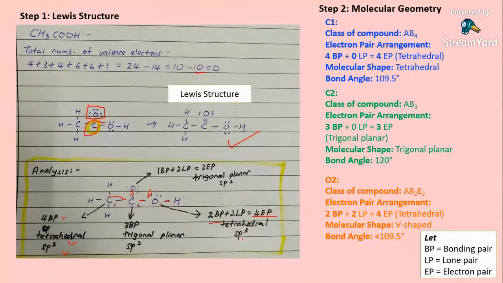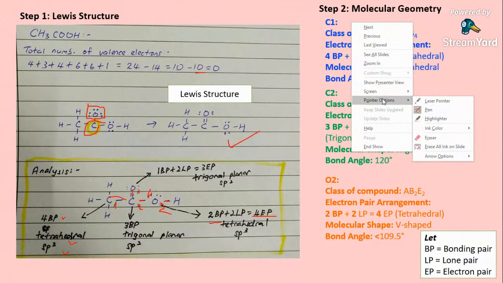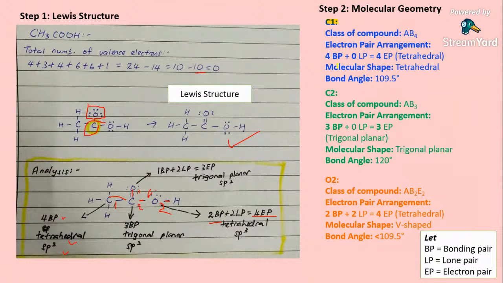We must label. Since there are 2 carbons, you label this one as C1, this one as C2, this one O1, this one O2. So this one you check by yourself. You have to assign and explain each of the central atoms: C1, C2, O2.